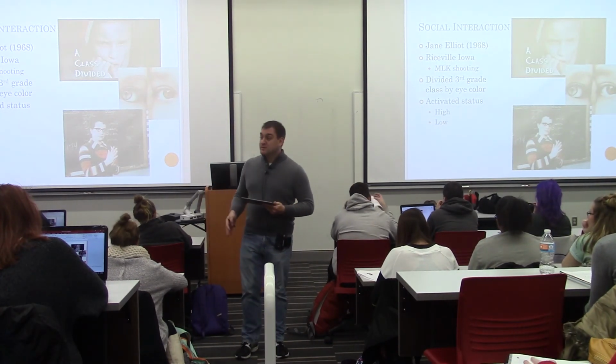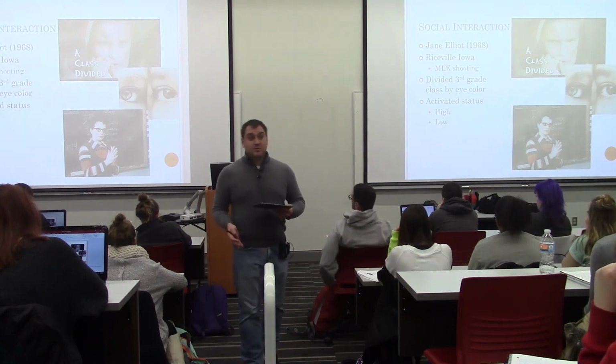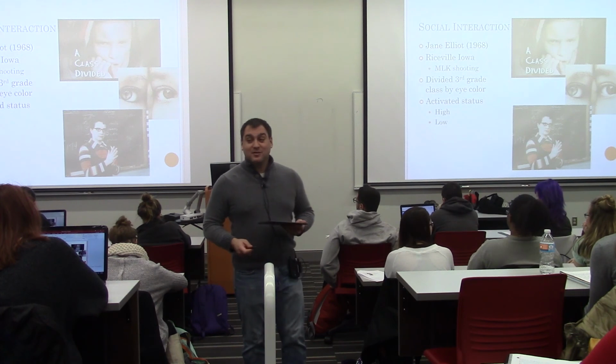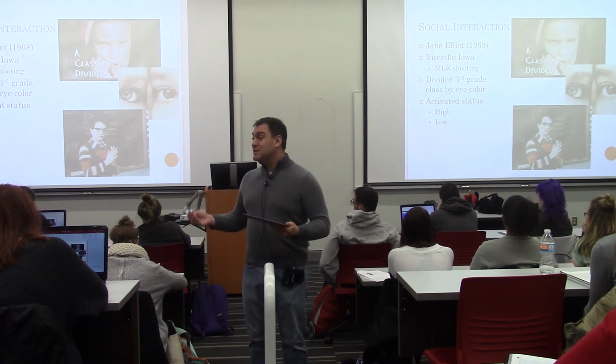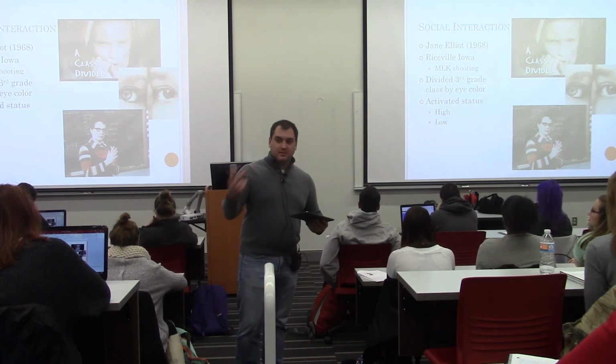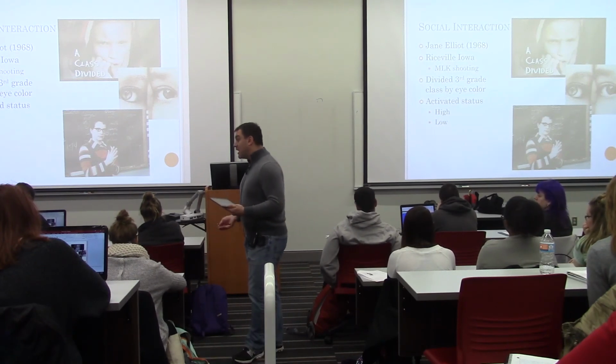And it's the blue-eyed students who are dumb. It's the blue-eyed students that are crappy people. It's the blue-eyed students that are not any good in the classroom. And what Elliot found was, within that day, there was a complete reversal of behavior. Brown-eyed students had the most access to the playground equipment.